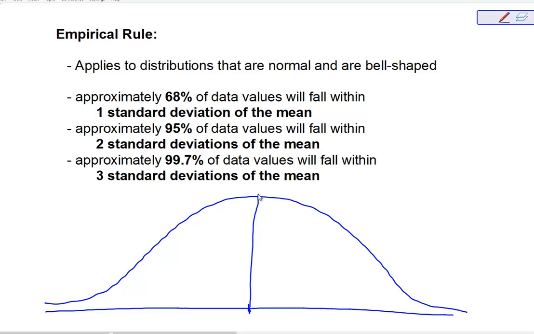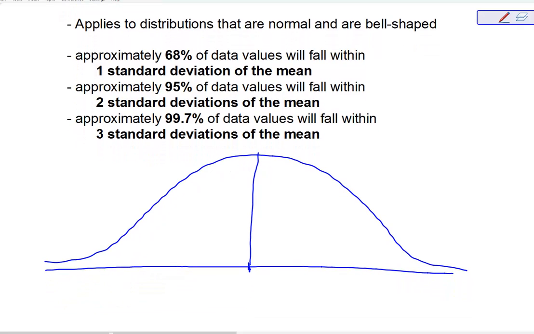This is what we call a normal bell-shaped curve. Okay? What this says is that in the center we have our mean. So the mean is here.